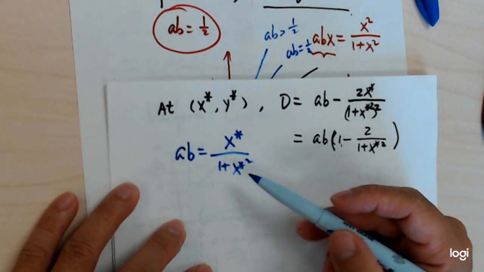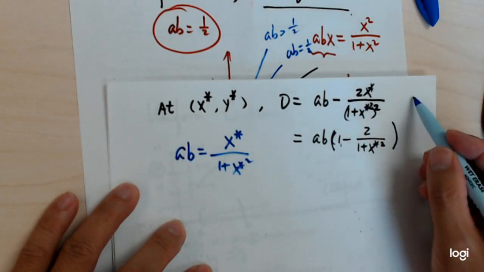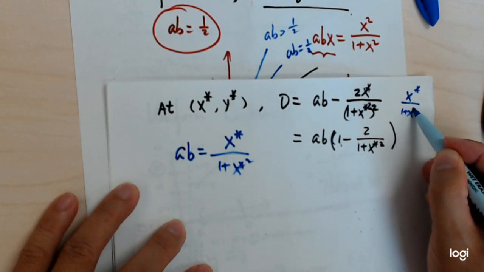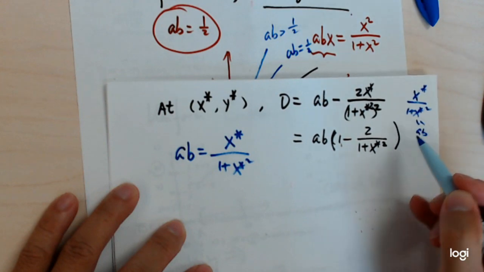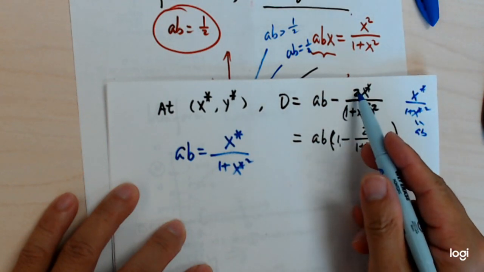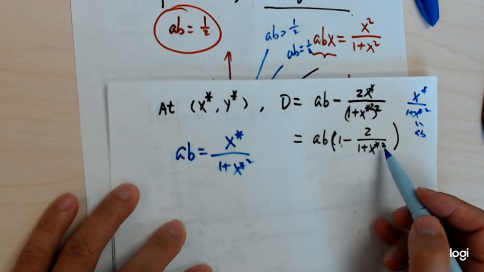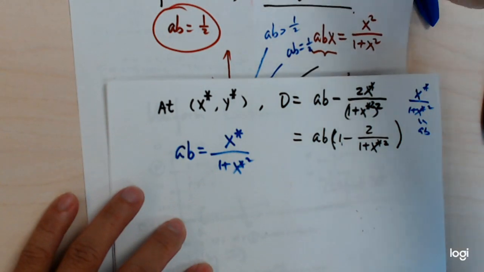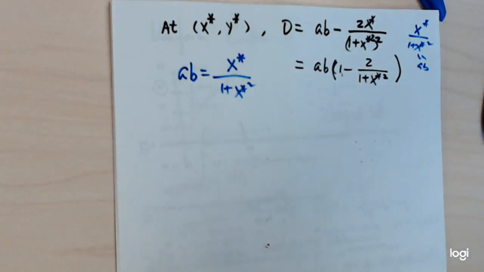So ab is identical to this. That's why we factor that out, and what's left behind is 2 and one additional 1 plus x star squared. So this takes some thinking here, okay? Think about that. But that's the determinant at x star.